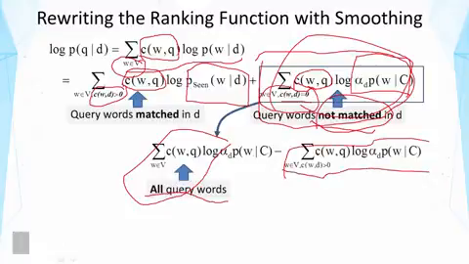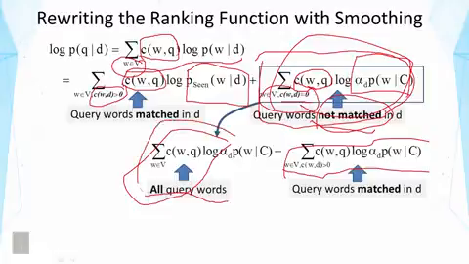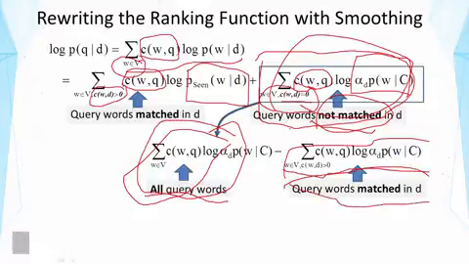And this is the sum over all the query words that are matched in the document. And this makes sense because here we're considering all query words, and then we subtract the query words that are matched in the document. And that would give us the query words that are not matched in the document.